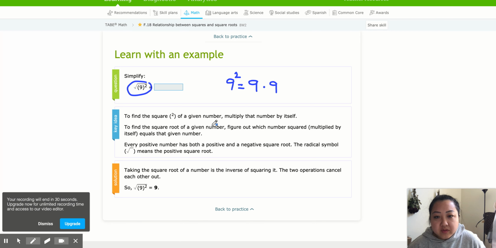So to find the square root of a given number, you need to figure out which number squared equals that given number. So if I were to look at the square root, 9 times 9 is 81, right? I want to do the opposite.